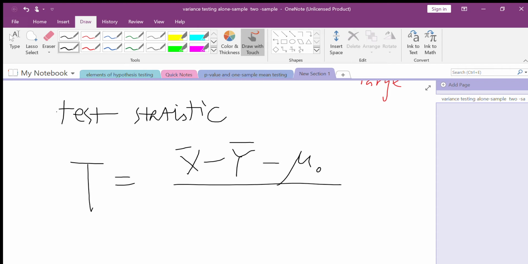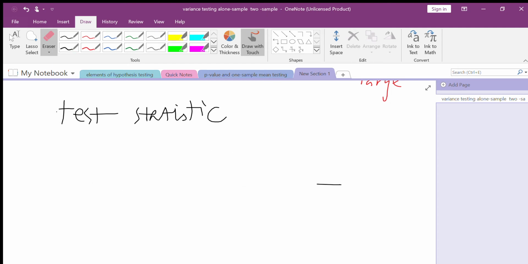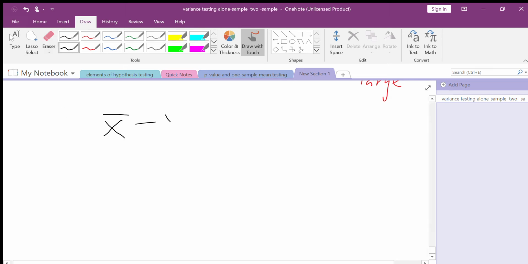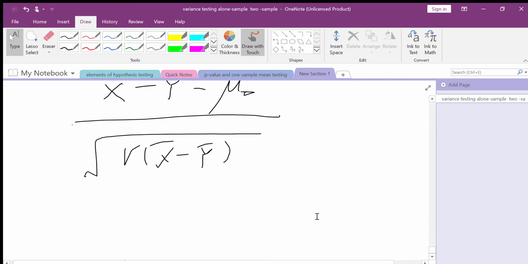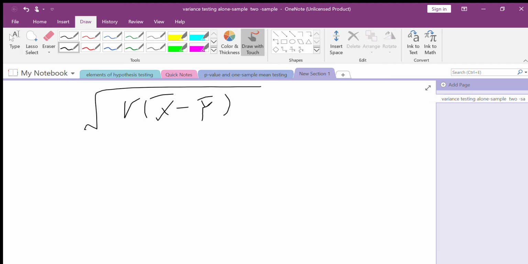So before introducing the test statistic, let's first see an introductory quantity. X bar minus Y bar minus mu0 divided by the square root of the variance of X bar minus Y bar.